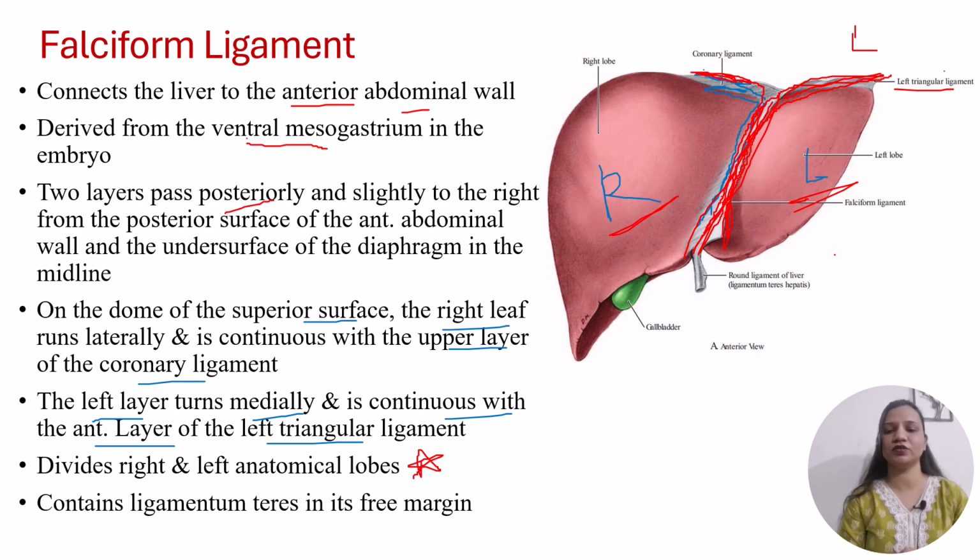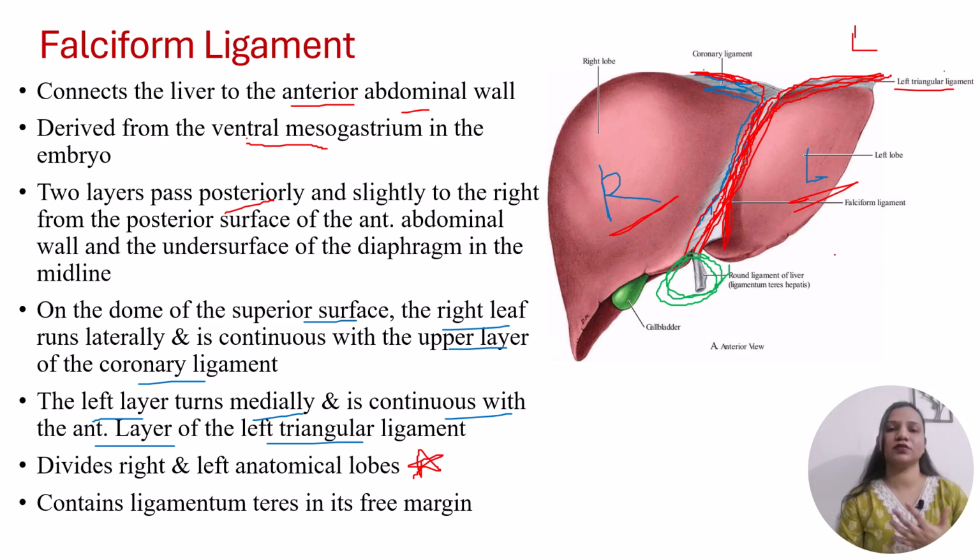As you can appreciate here, this is the free margin of the falciform ligament, and in this free margin the falciform ligament contains the ligamentum teres, which is the false ligament of the liver. I have already discussed it in the previous lecture, what is ligamentum teres and where it is actually located.